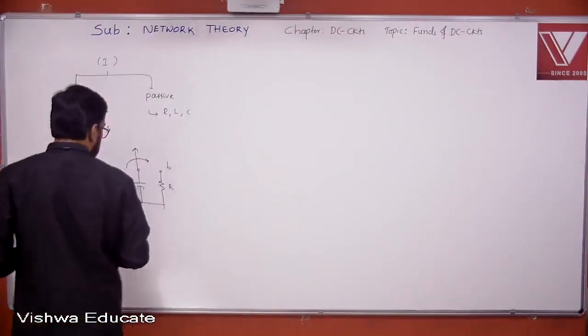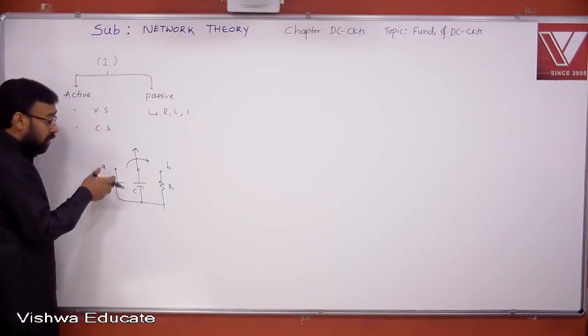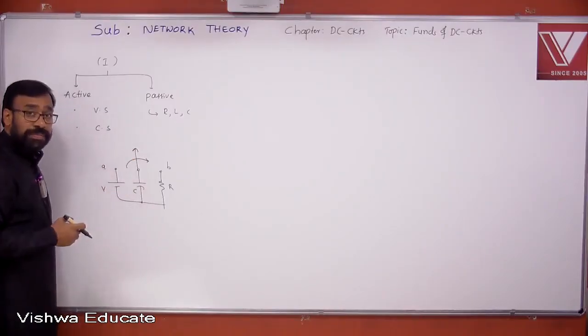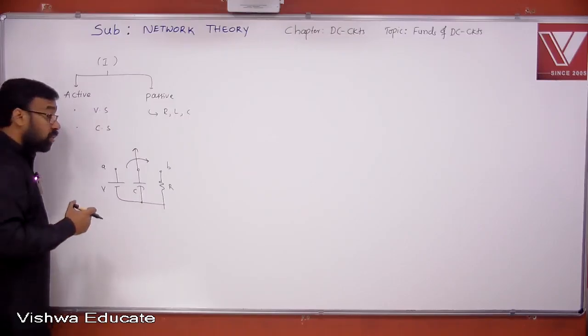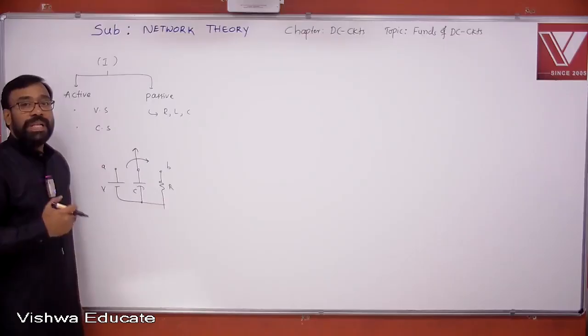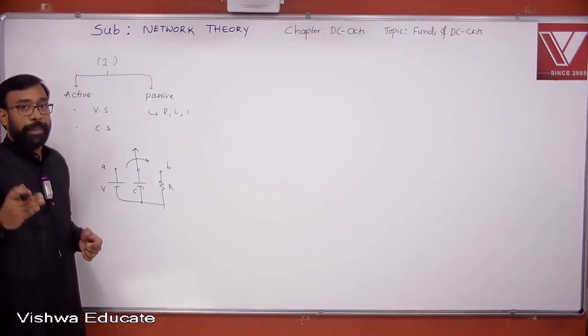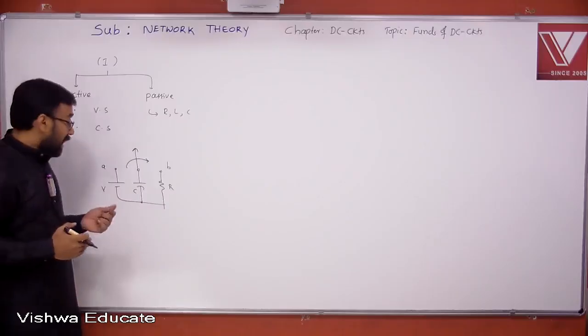But how do you define it? If you observe carefully here, when you keep the switch at A for a long time, the voltage source is supplying the power to the capacitor. How long? It can supply the power to the capacitor continuously for infinite time, provided it is an ideal element.